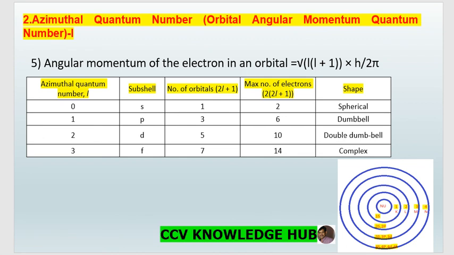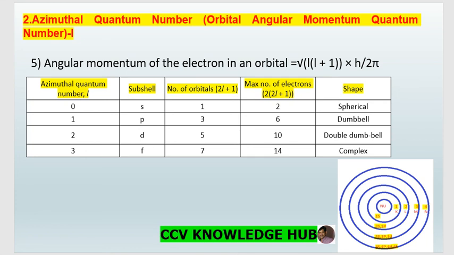The shape of the d orbitals is double dumbbell shape. There are 5 types of d orbitals: dxy, dyz, dzx, dx square minus y square, and dz square. So these are the d orbital information. Next one is azimuthal quantum number equal to 3.